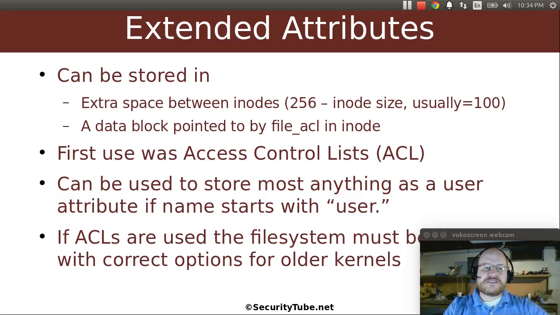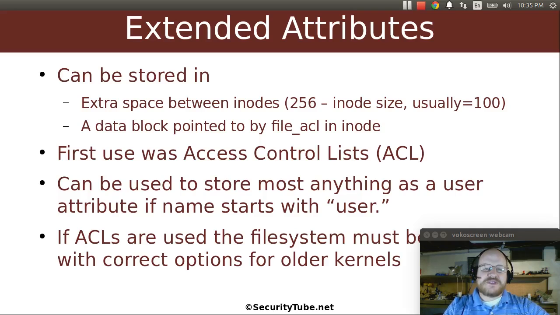Now, these are things that can be stored in the extra space between inodes. Recall that with ext4, typically on disk, an inode is 256 bytes. However, the current inode size is 156 bytes.